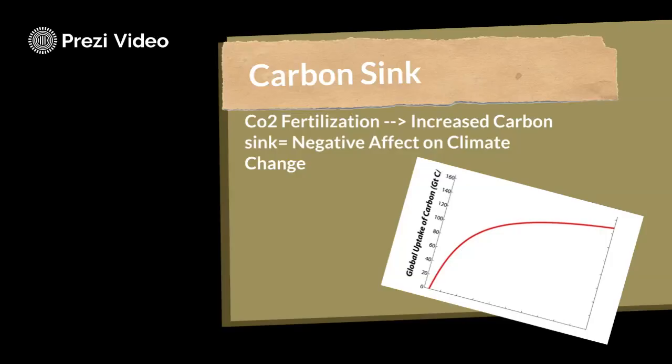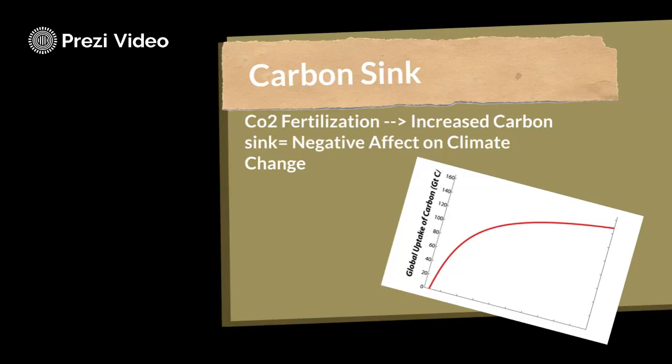Here, we have CO2 fertilization and carbon sink. To brush up, carbon sink is the capacity to absorb carbon from the atmosphere. And as you can see, in this graph, for a while, CO2 fertilization was leading to a decrease in atmospheric CO2 and therefore mitigating the climate change problem.